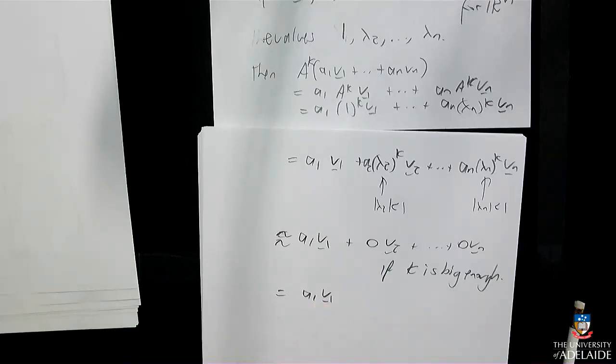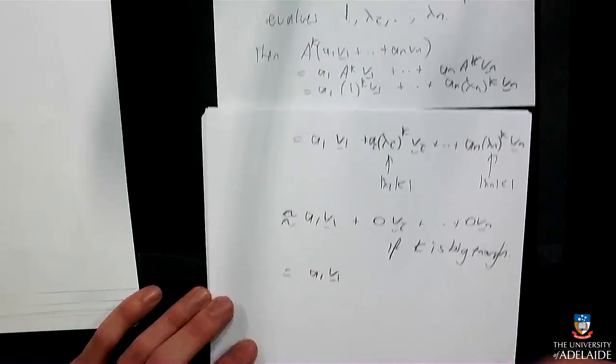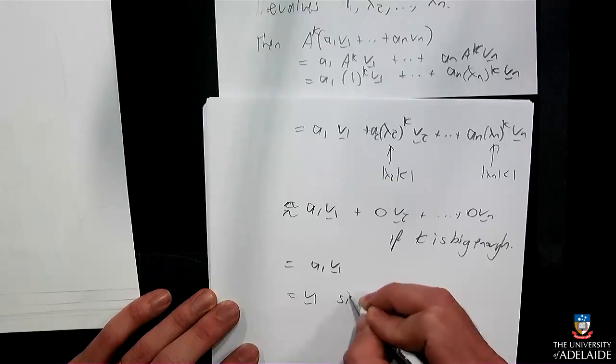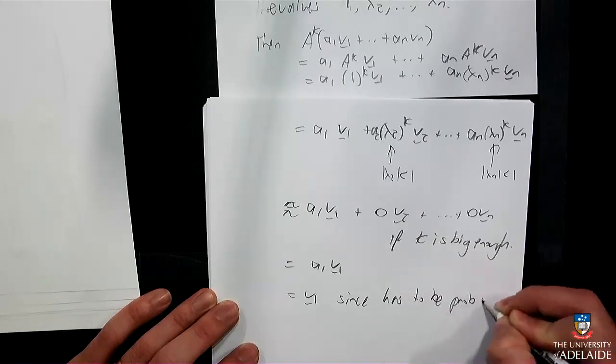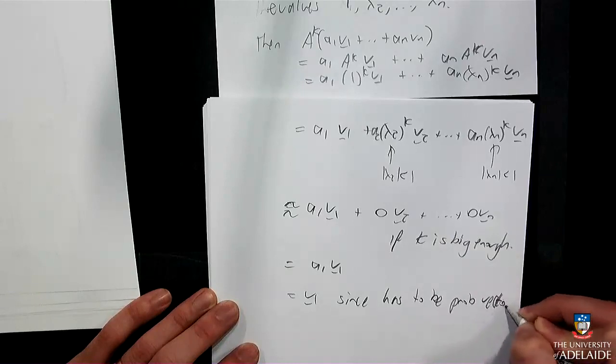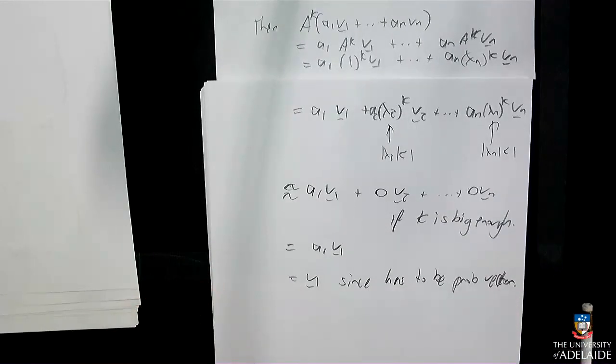And since you know that when you multiply a matrix of probabilities, you'll always get probabilities, the answer is actually going to be a probability vector as well. So it'll actually get to just V1. It has to be a probability vector.